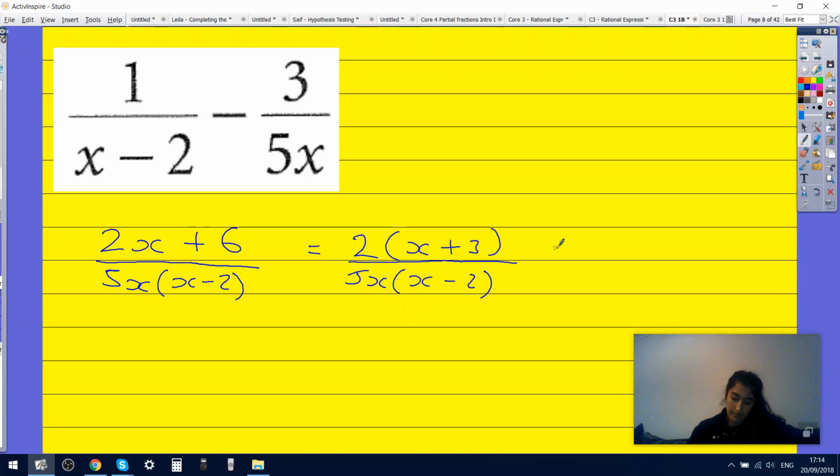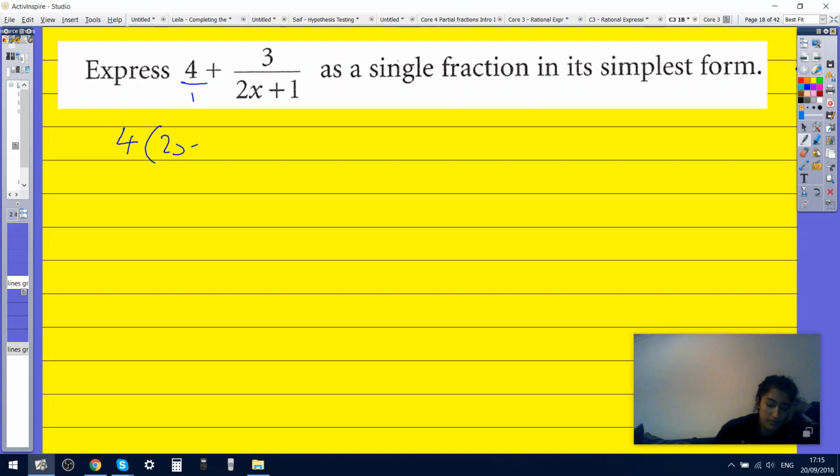Fine. Express this as a single fraction in its simplest form. How do we do this? 3 over 2x plus 1. 4 is just 4 over 1. Yeah. And then do the same thing. Yeah.